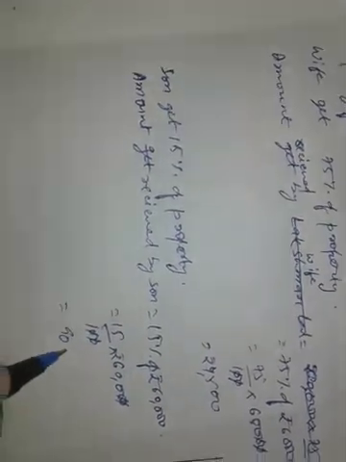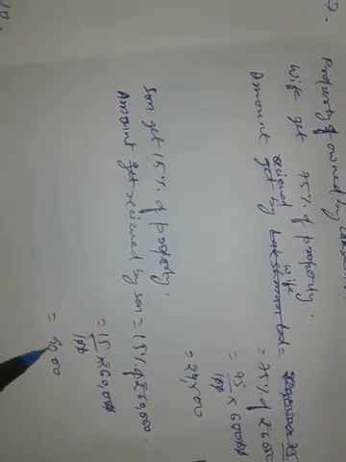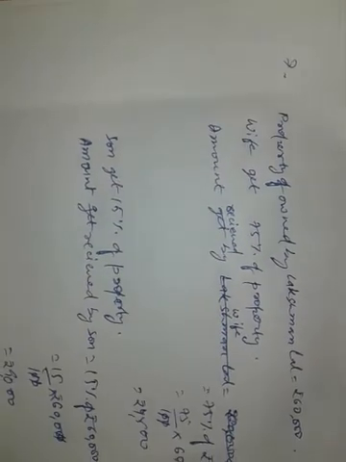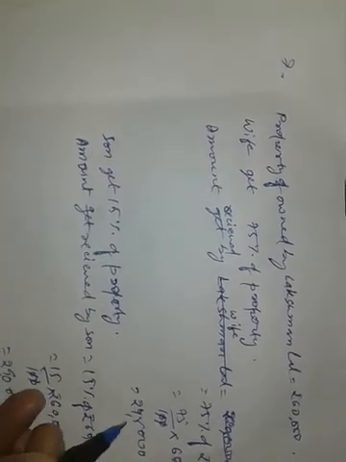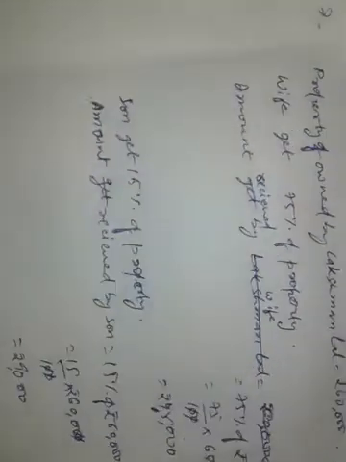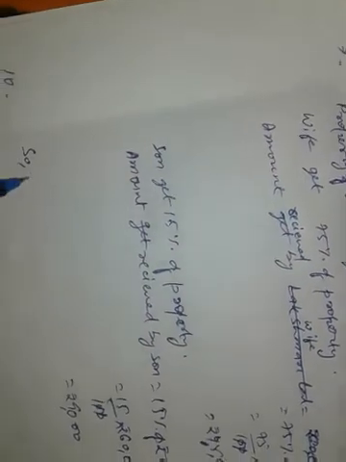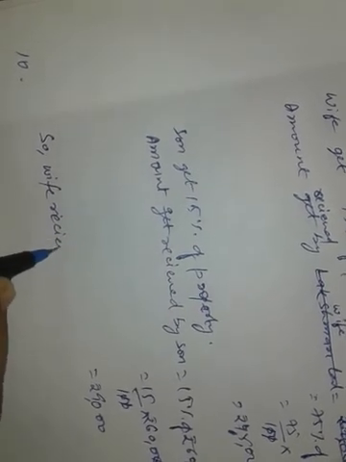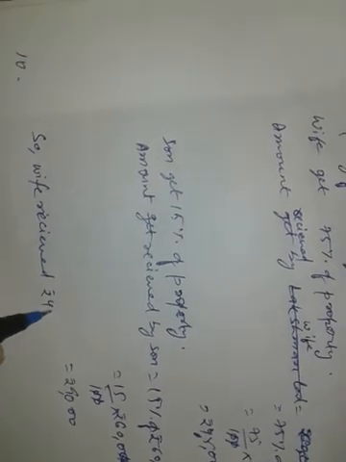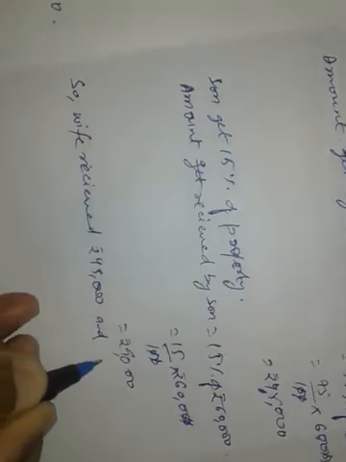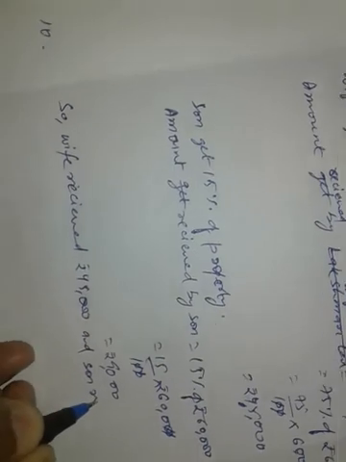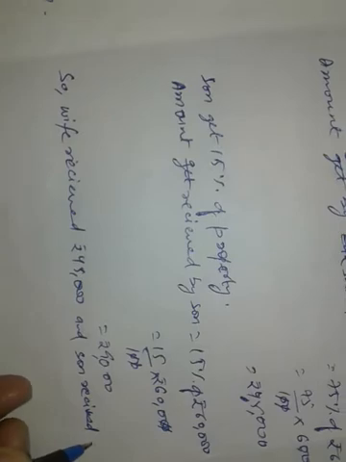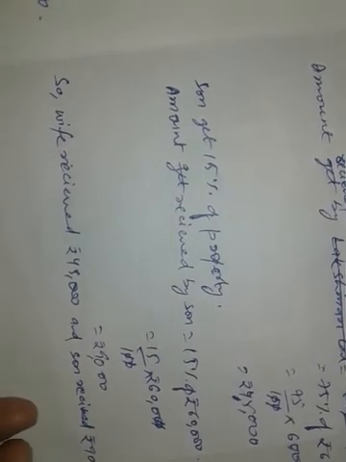And here two zeros are left. So the wife received rupees 45,000, and the son received 9,000.